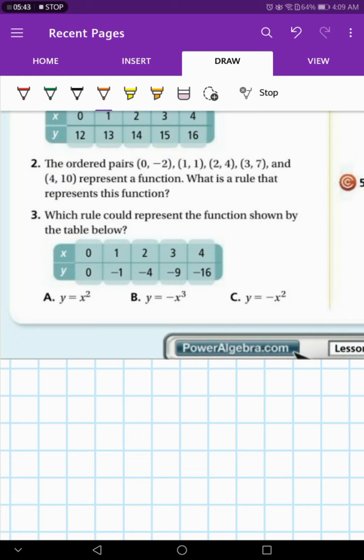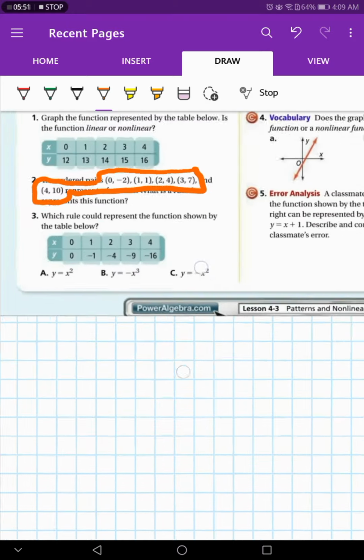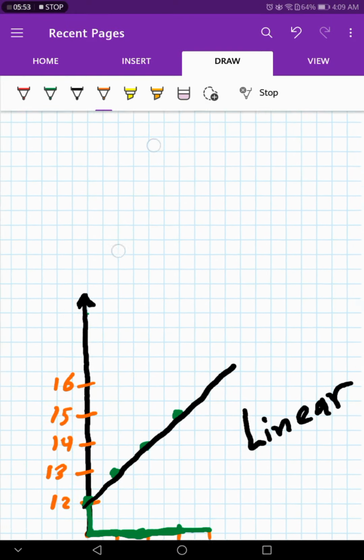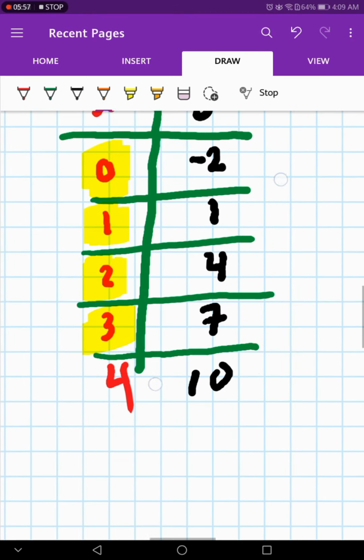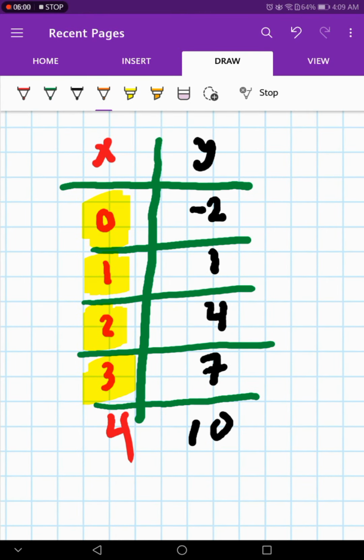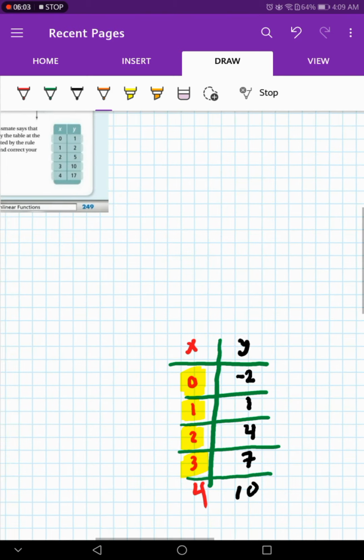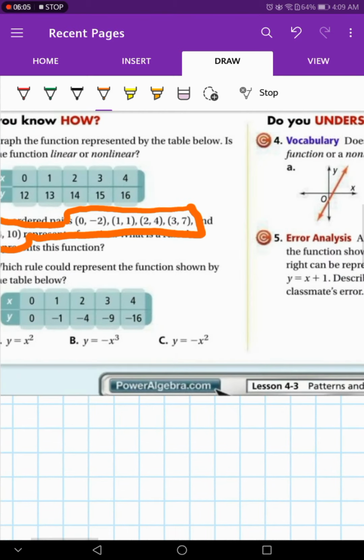I will represent the ordered pairs here by creating a table. Yes, my dear student, it represents the ordered pair (0, -2).